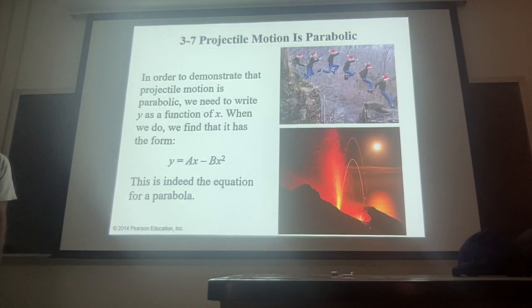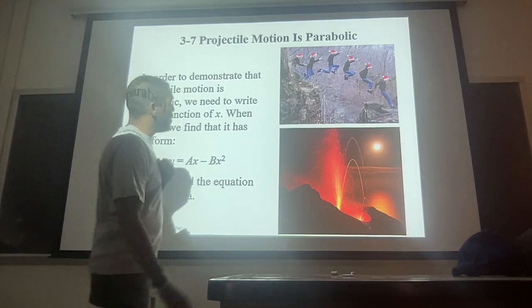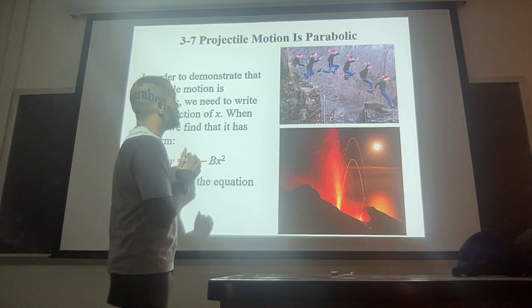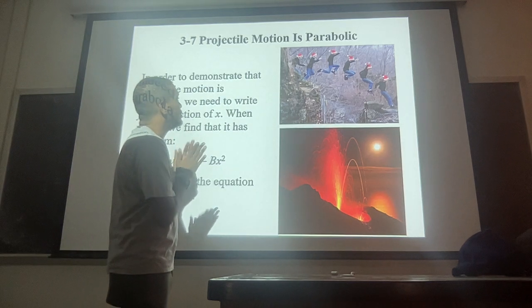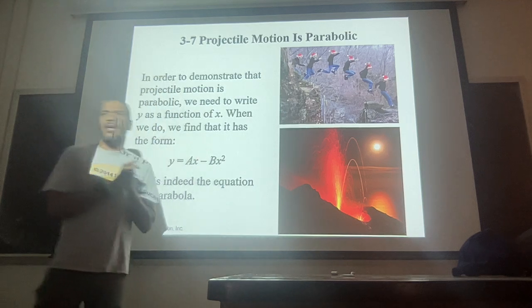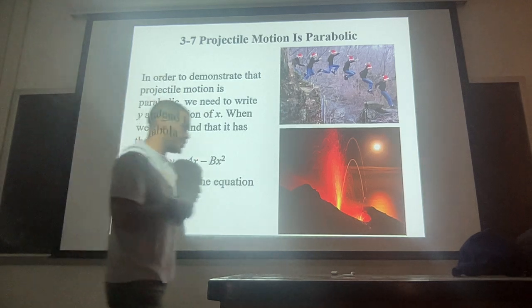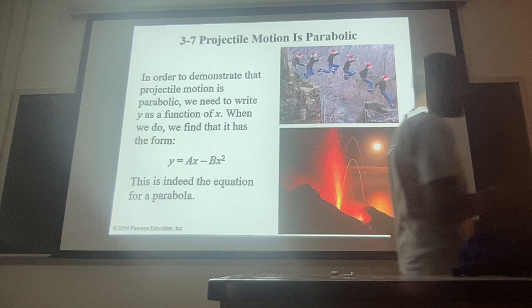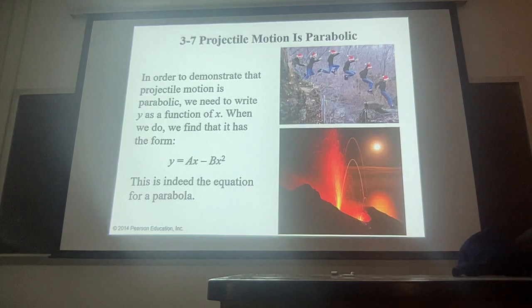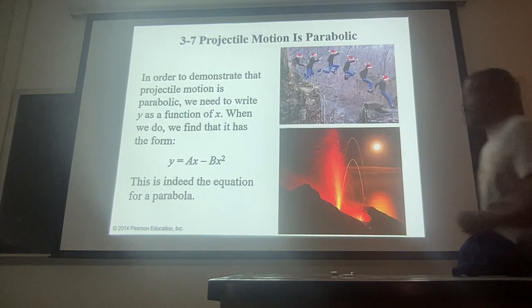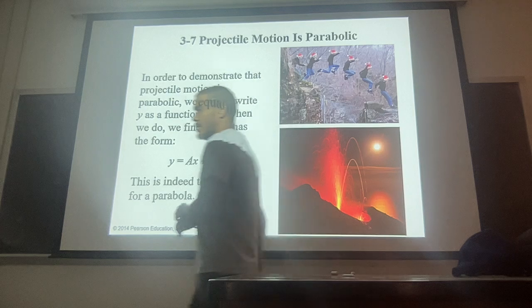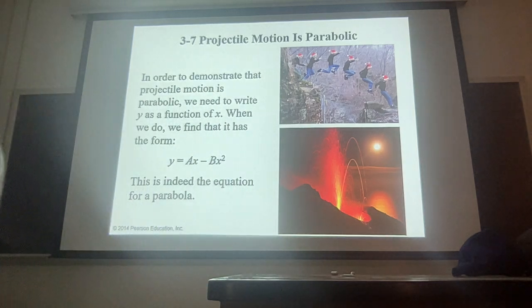We're going to create a parabola virtually. We're going to do the free fall lab next week, I think. Or no, next week we've got the midterm, the following week.